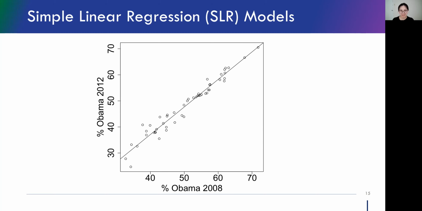So on the x-axis is our explanatory variable x. That's the percentage of voters who voted for Obama in 2008. And on the y-axis is our response variable, which is the percentage of voters who voted for Obama in 2012.